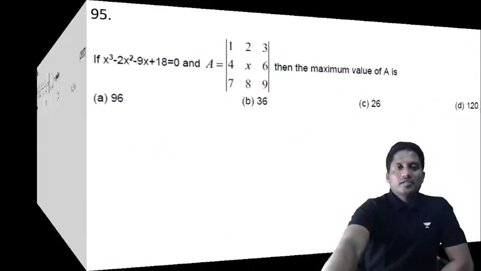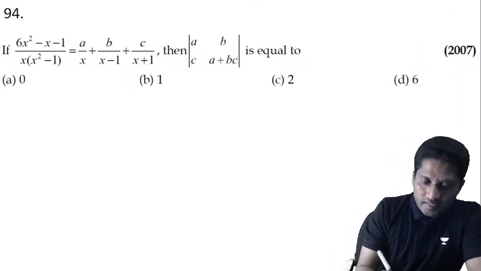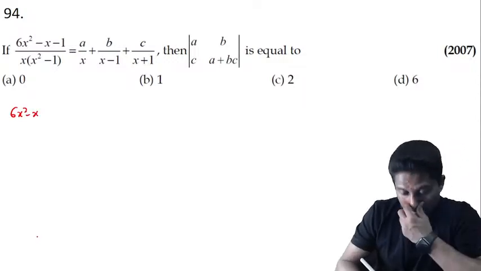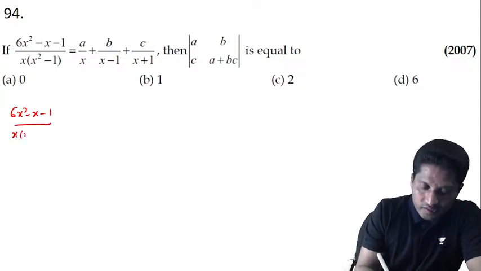Okay, now this is a COMEDK question. See, I can write this as 6x square minus x minus 1 divided by x into x minus 1 into x plus 1.